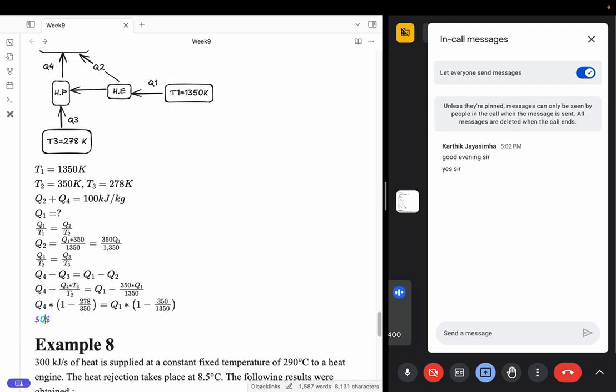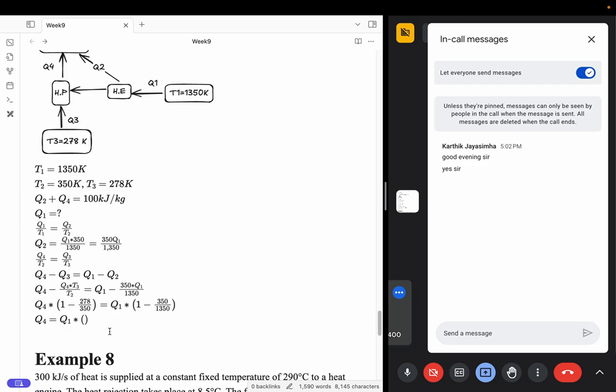So what is Q4 in terms of Q1? Once I have Q4 as well as Q2 in terms of Q1, I can substitute in the original equation.